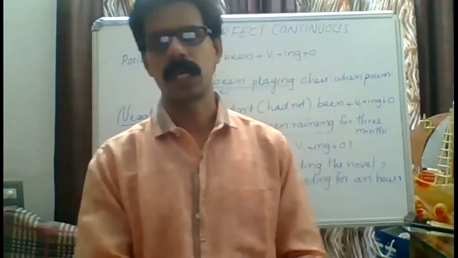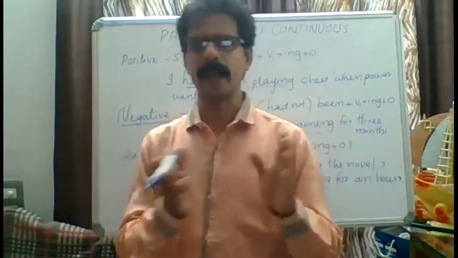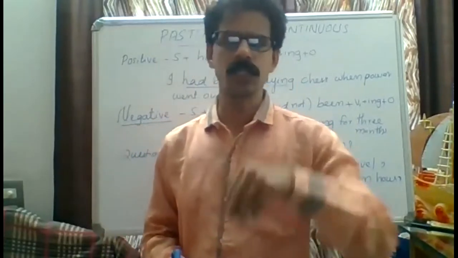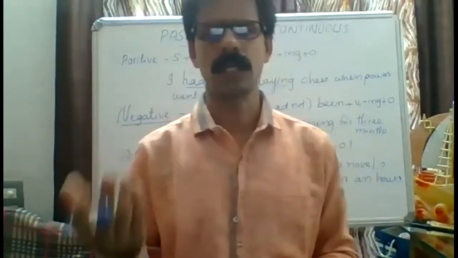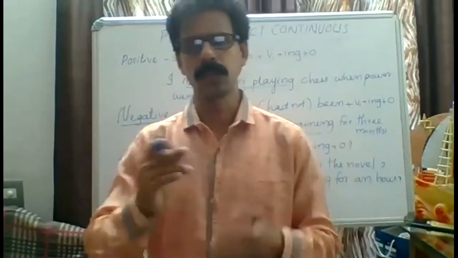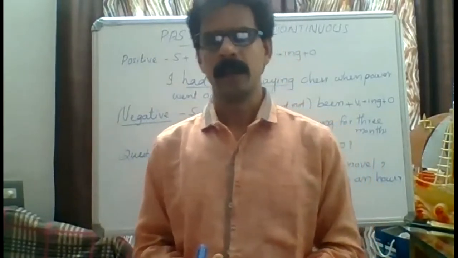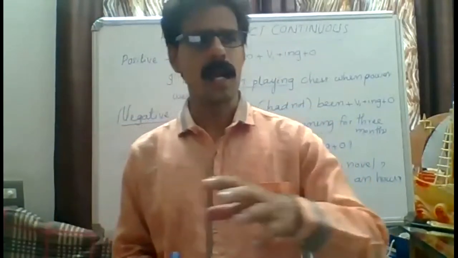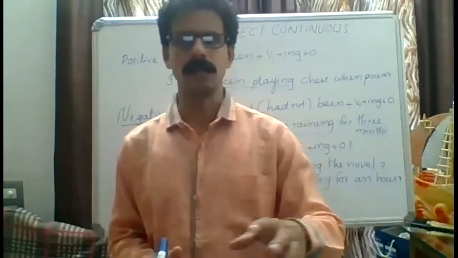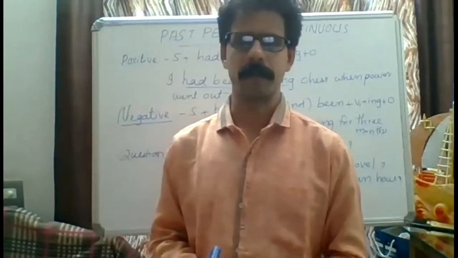Rain stopped, match started. Here there are two examples. Two actions took place in the past. You should be able to create this type of sentences, you should be ready to create your own. Okay, I had been waiting for the bus when I met my friend.